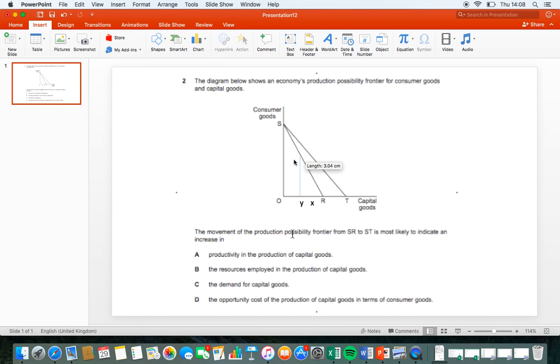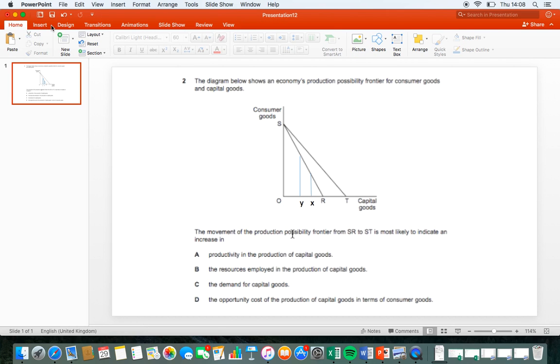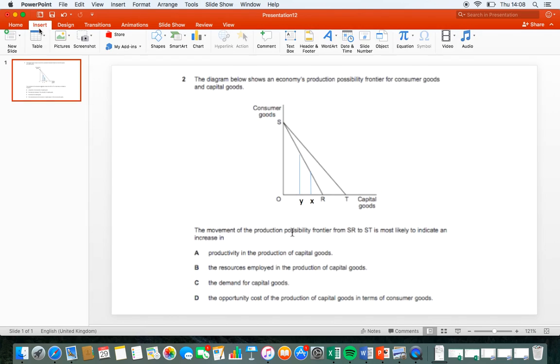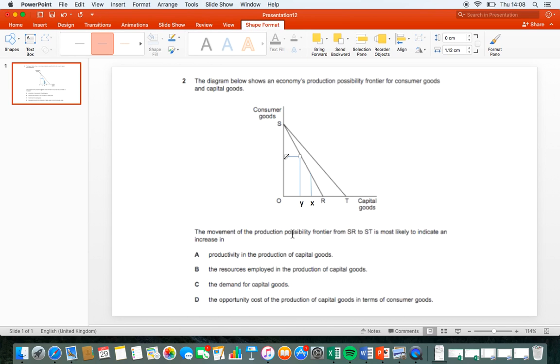Now, at point Y and point X, okay, the combination of goods that would be produced would look like this. Let's just match those lines.